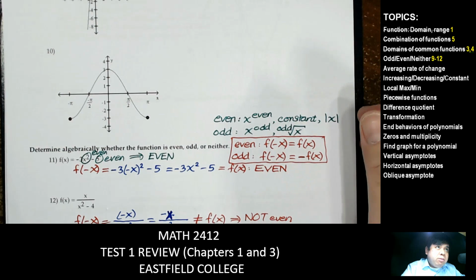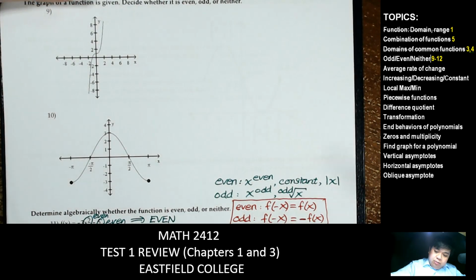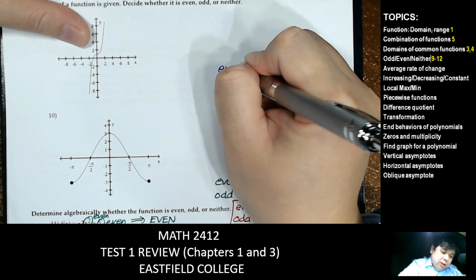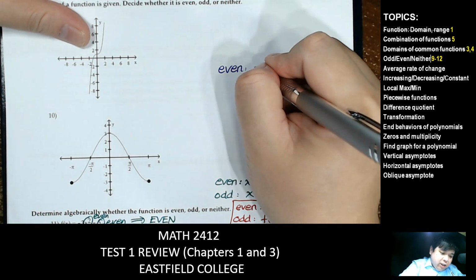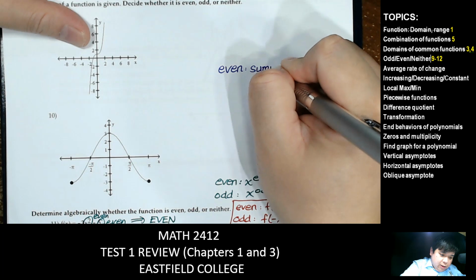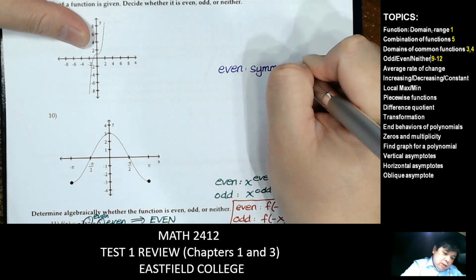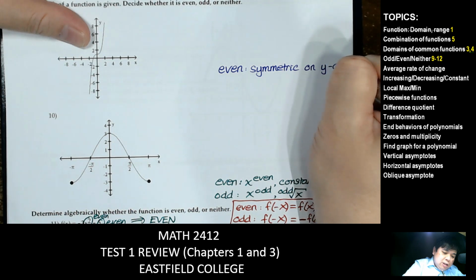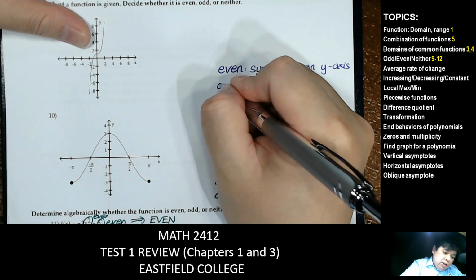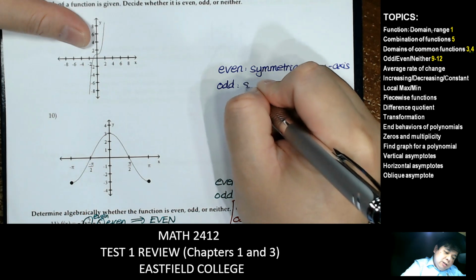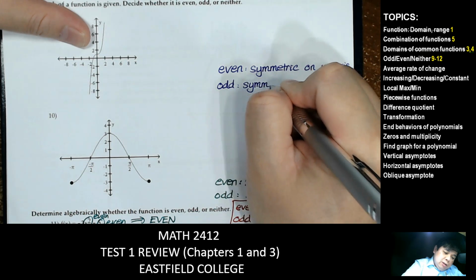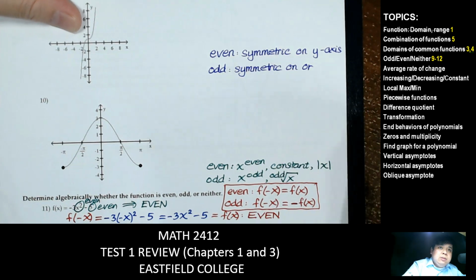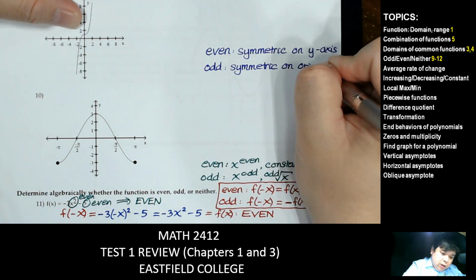Now in terms of graphs, an even function will be symmetric on the y-axis, and an odd function on the origin.